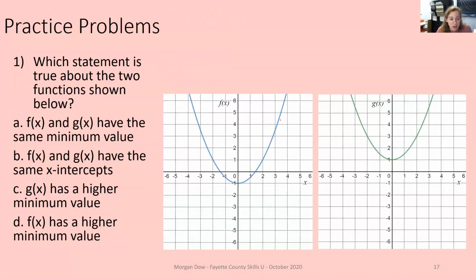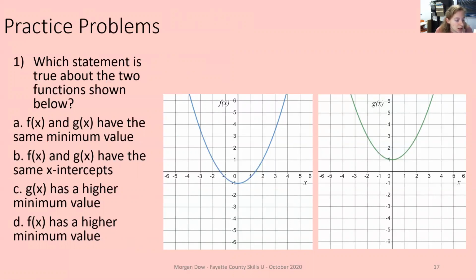I look at them and I actually see they're both quadratic functions. They both have that special curve. You don't really need to know that here, but you might want to notice that they're not linear, right? They're curved functions.